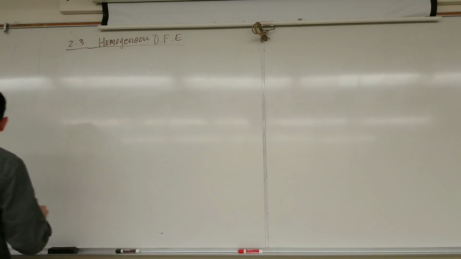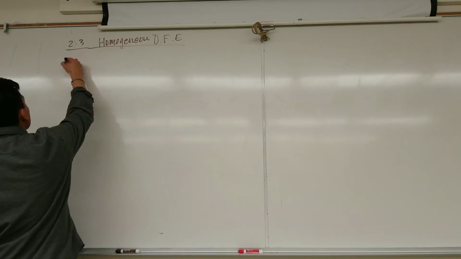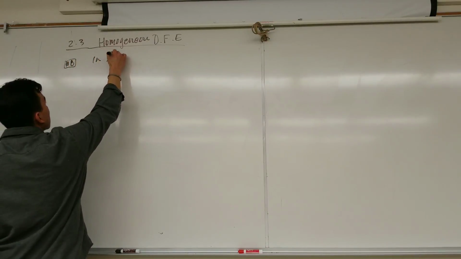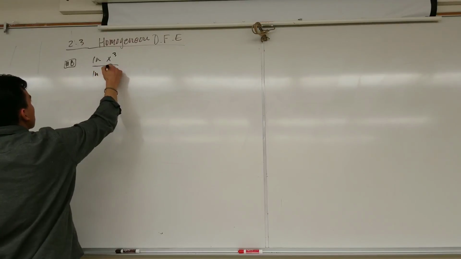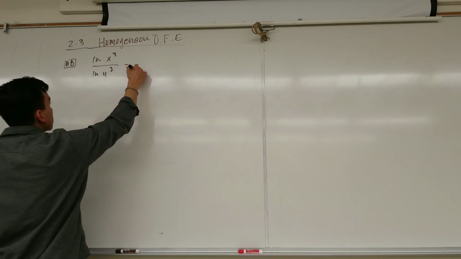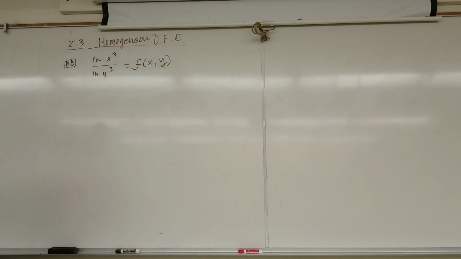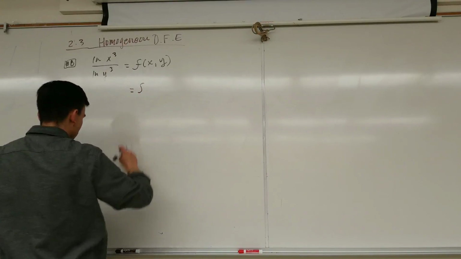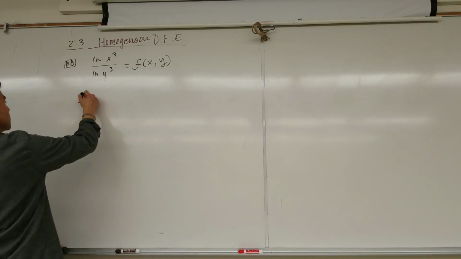Let's see, we have the natural log of x cubed, natural log of y cubed is equal to f of x, y. Okay, great. So let's check if it's homogeneous. Well, I'm just going to flip this around.